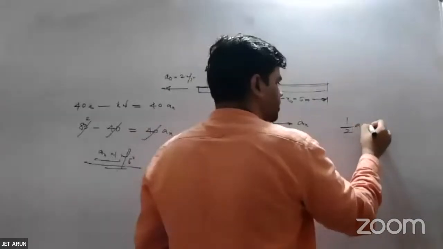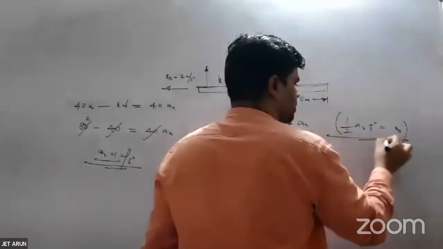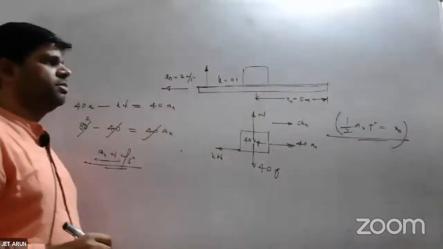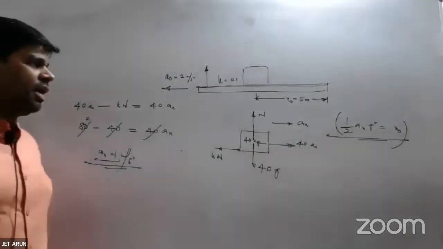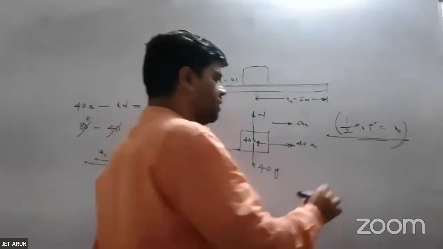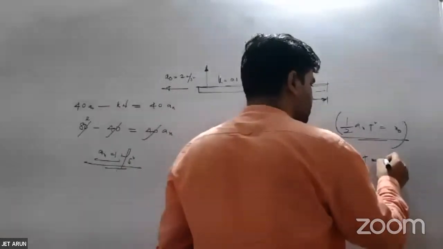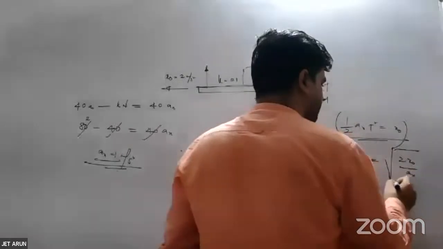Half ax t square is equal to x naught. x naught is equal to ut plus half a t square. u is 0; u relative to the truck is 0. So x naught is equal to half ax t square. So t is equal to, tell me what the value of t is now? Root of 2 x naught by ax.